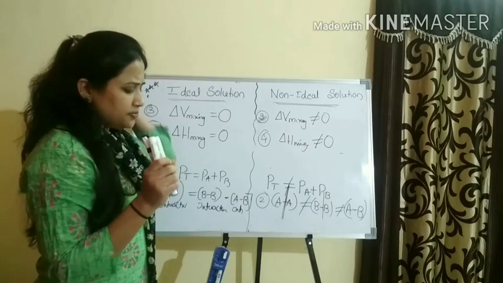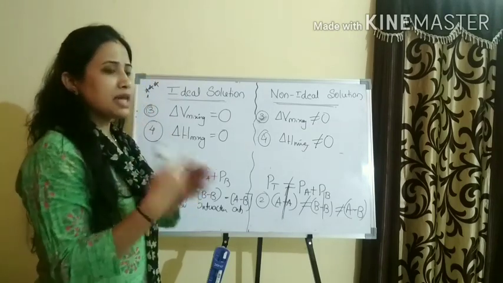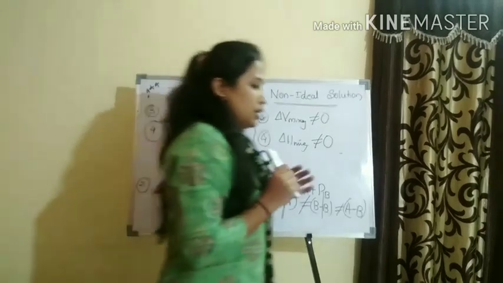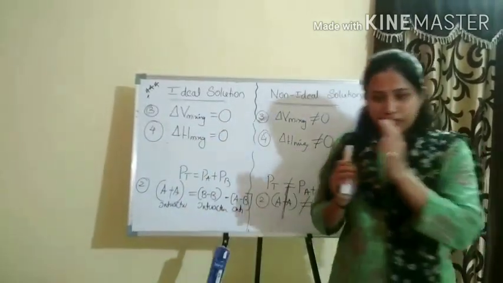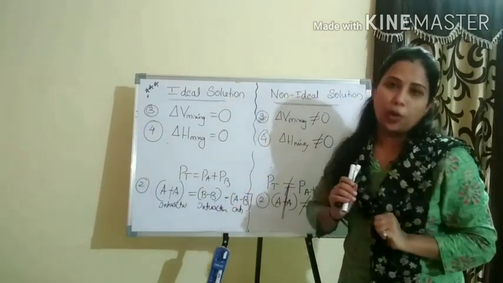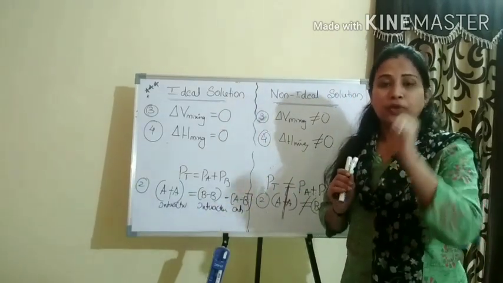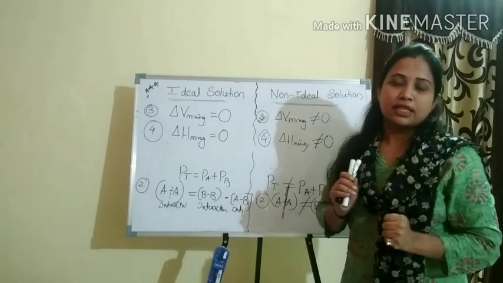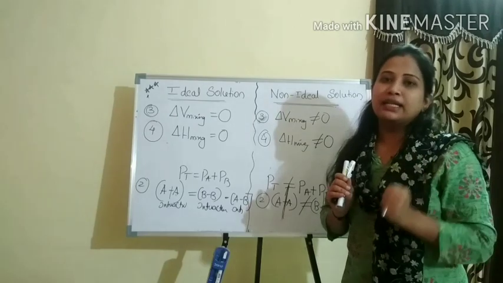So on what basis is the ideal solution prepared? For example, when we are preparing an ideal solution and I consider the two components, those two components I am selecting based on their molecular size, their structure and the interaction.